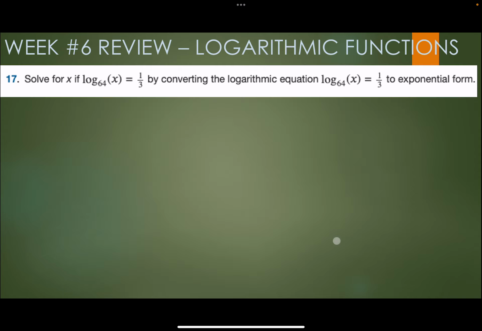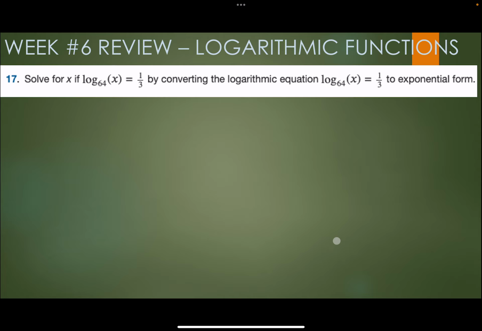All right, number 17. So we're doing this one. Notice I skipped a lot of questions on 13 through 16 because we practiced that in the beginning, and 17 and the rest are more important than this one anyway. Okay?